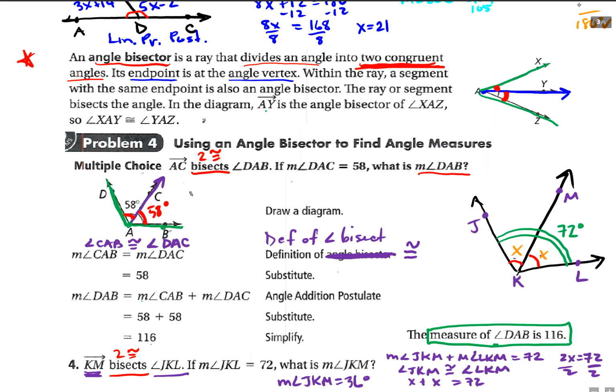I divide by 2 on both sides, and x is just 36 degrees. So if x is 36, then the measure of angle JKM is 36 degrees, as is the measure of angle LKM. So bisecting is way cool. All right, that was fun. This is the end of chapter 1, and we're going to have some fun with our homework.